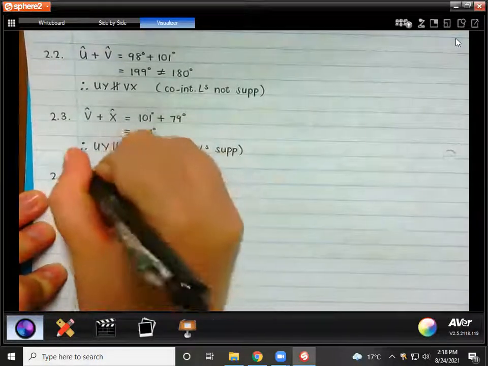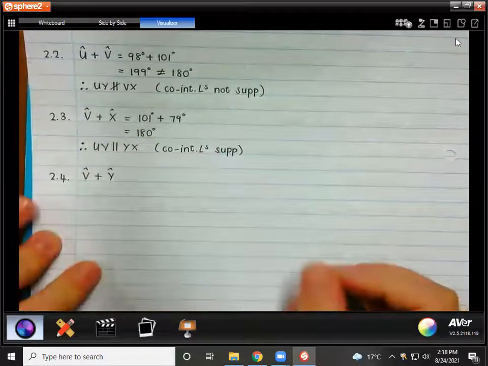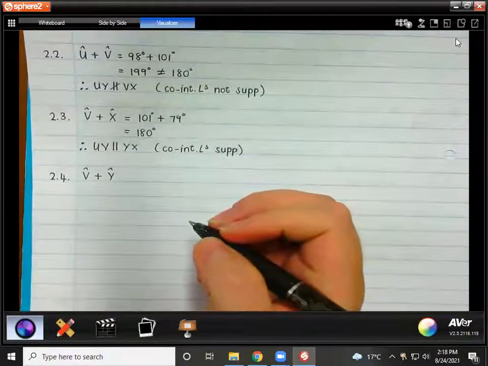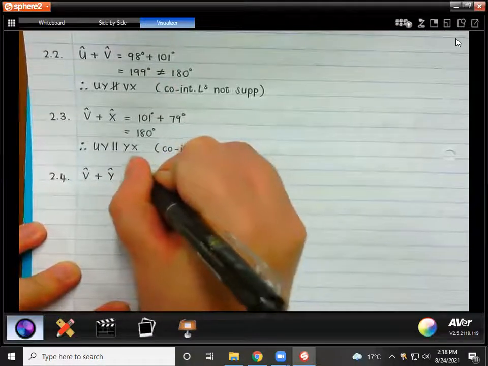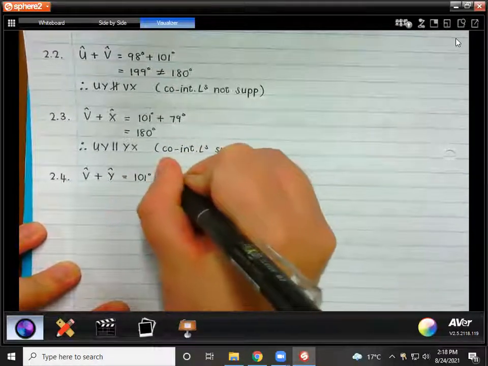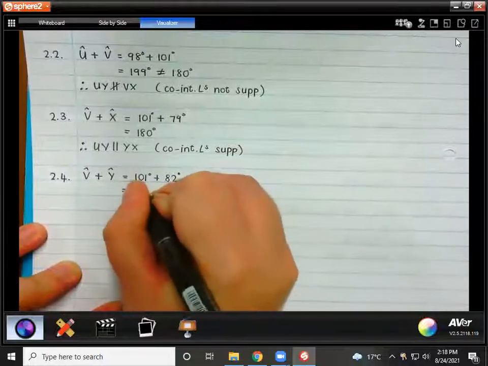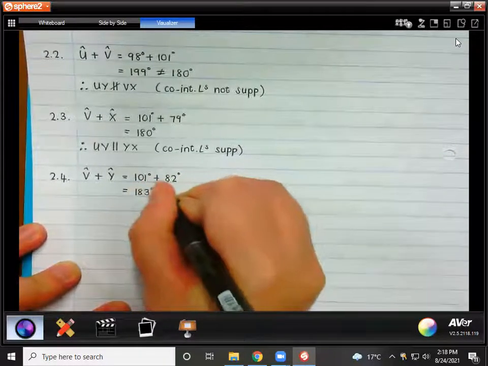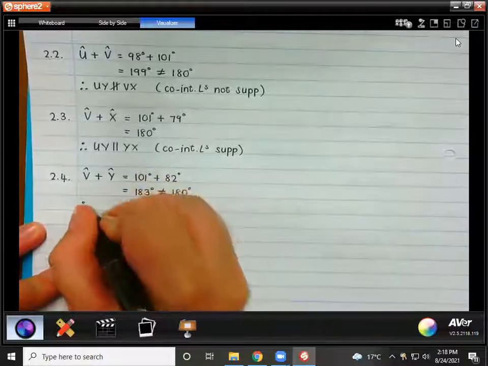I'll just again say angle V plus angle Y, but you also could have said U plus X. It can be either pair of opposite angles, it doesn't matter. It is equal to 101 plus 82, which is 183, which is again not equal to 180.